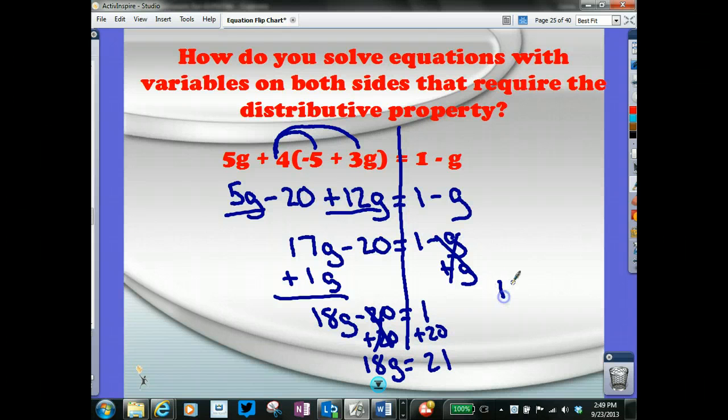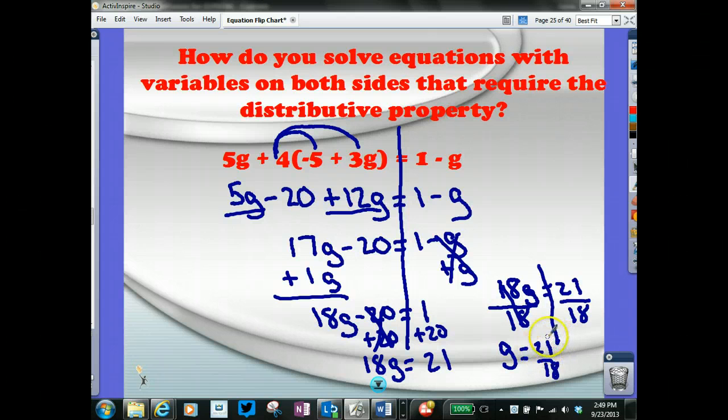So I'm going to rewrite that here just for room, because I've got another step here. Now here I'm going to divide both sides by 18. And I'm going to get g equals 21 over 18.